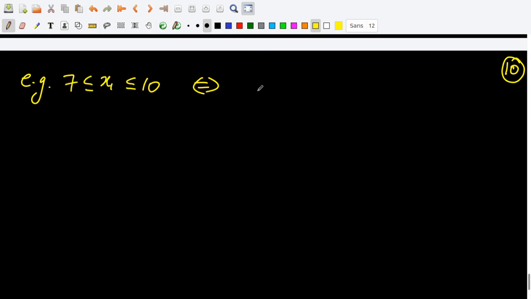Then I can rewrite this as x1 equal to 7 plus (10 minus 7) times sine square y1. We know that this expression is always between 0 and 1. So x1 can take values between 7 and 10 only.